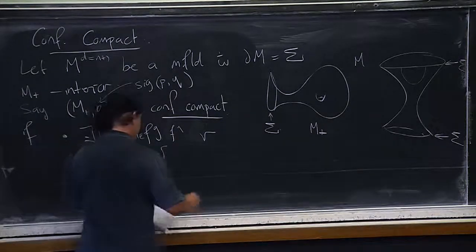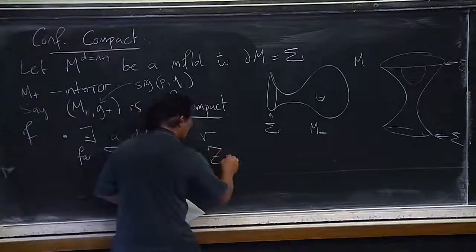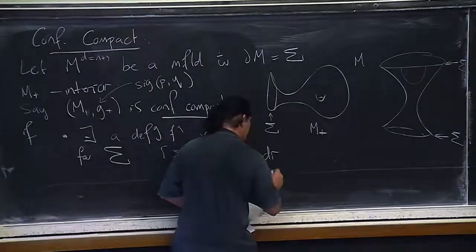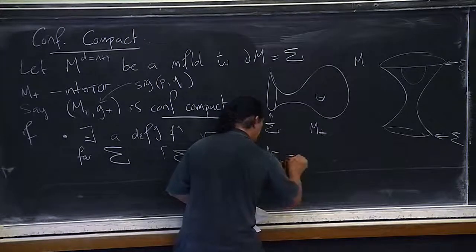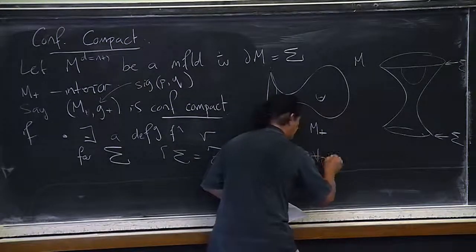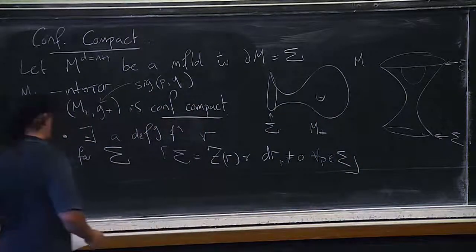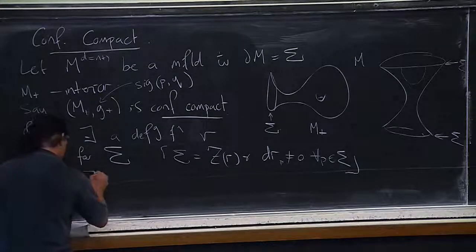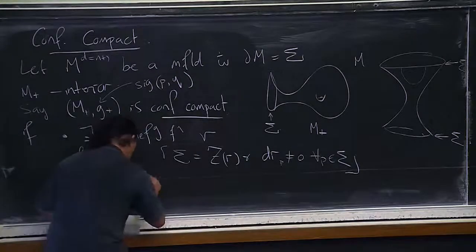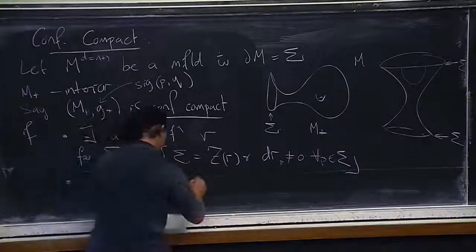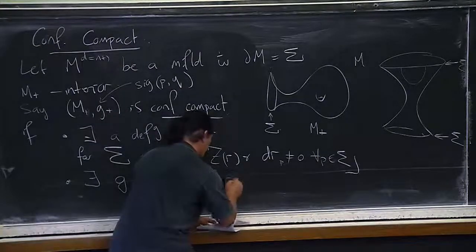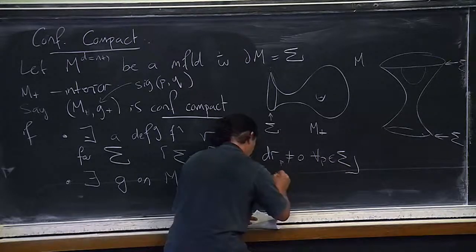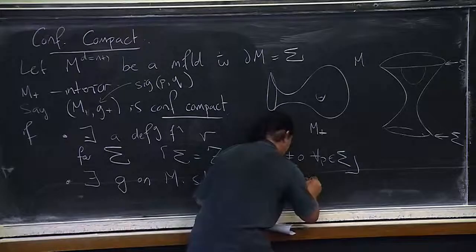What this means is that the boundary is the zero locus of the function, and dr is not equal to 0 for all points along the boundary. So that's what I mean by a defining function. And next, there exists some metric g on M such that the physical metric, if you like, g plus, or the geometric metric, depending on your background, is r to the minus 2 g on the interior.